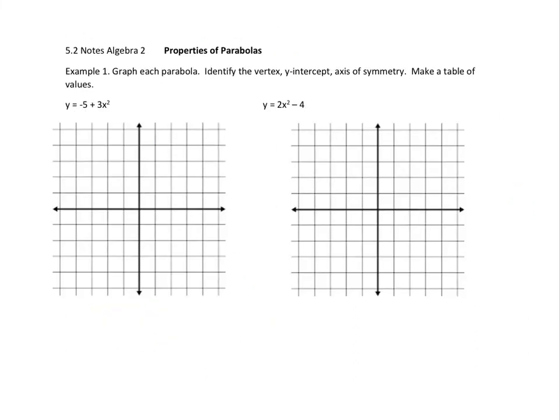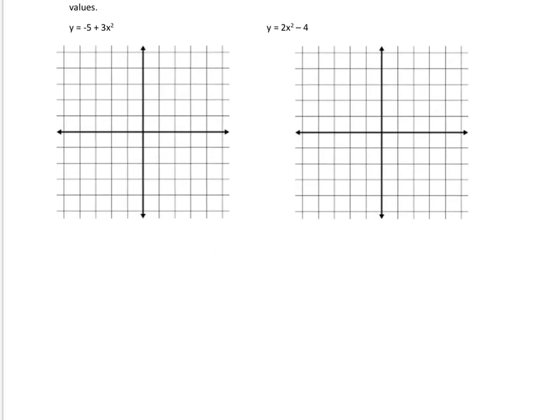Graph each parabola, identify the vertex, the y-intercept, the axis of symmetry, and make a table of values. Looking at this parabola, I'm going to talk about some facts based on the equation. I know that this parabola opens up because the coefficient of x squared is positive. It's narrow, a vertical stretch, because a is greater than 1.